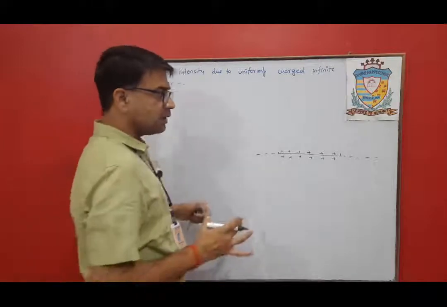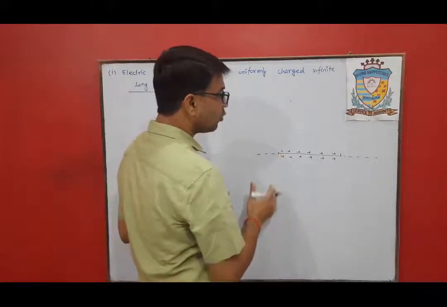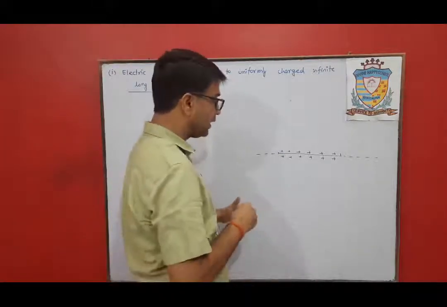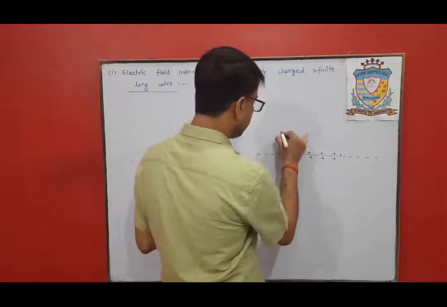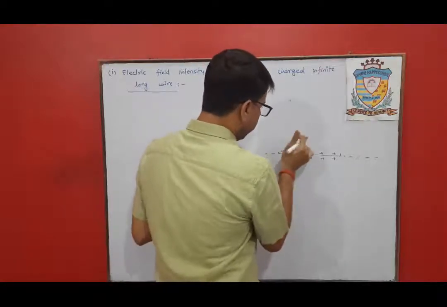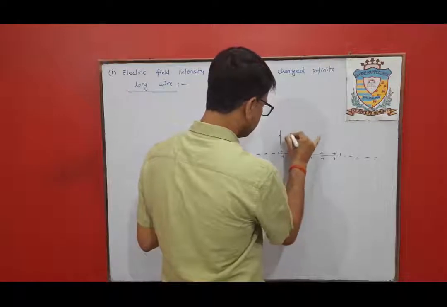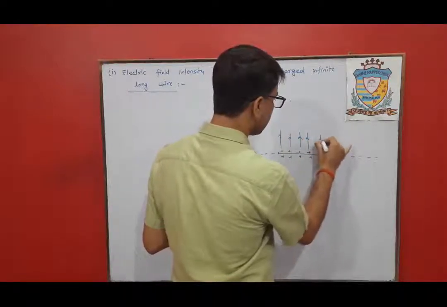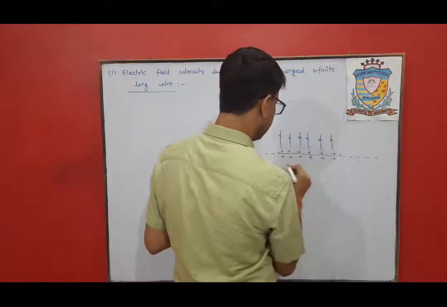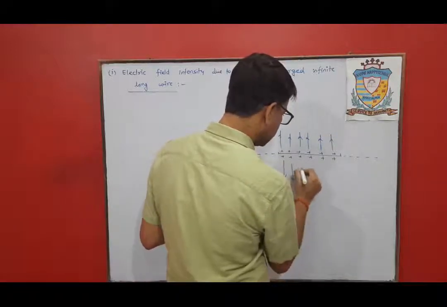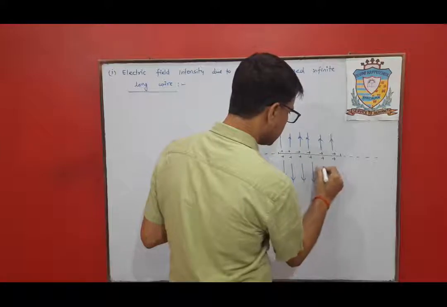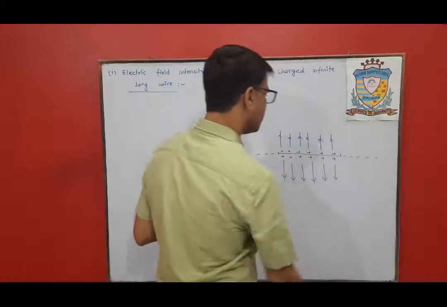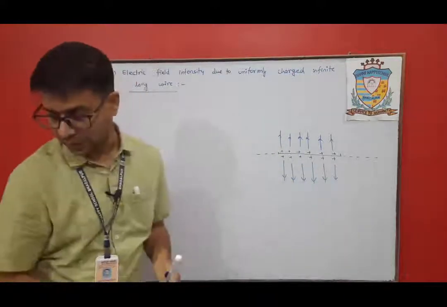If it is uniformly charged like this, what is the direction of electric field intensity? This will be the direction of electric field intensity, and here this will be the direction of electric field intensity.